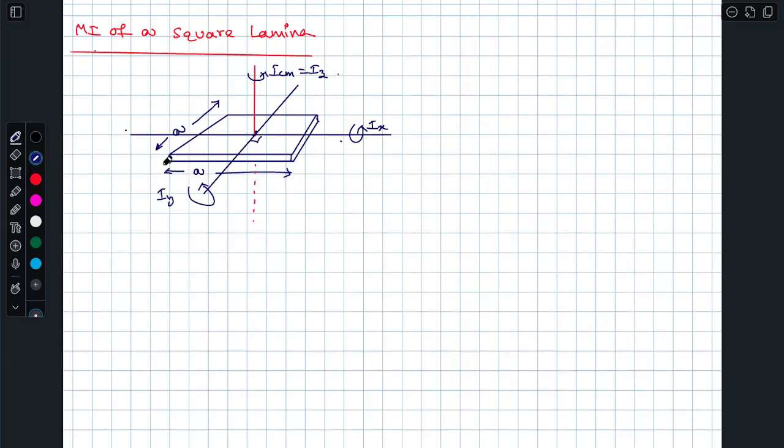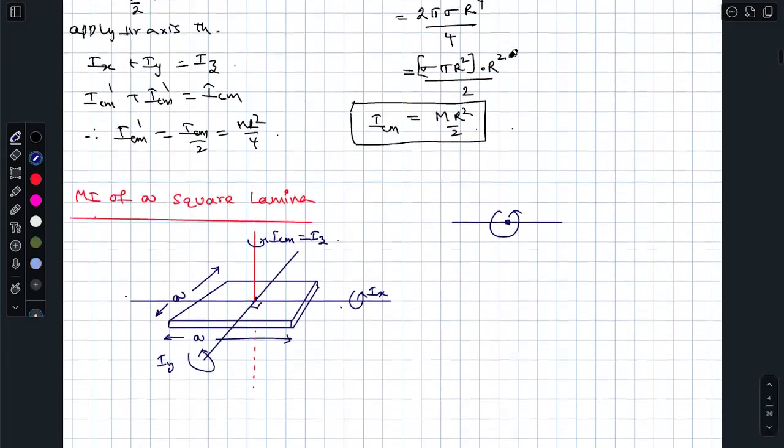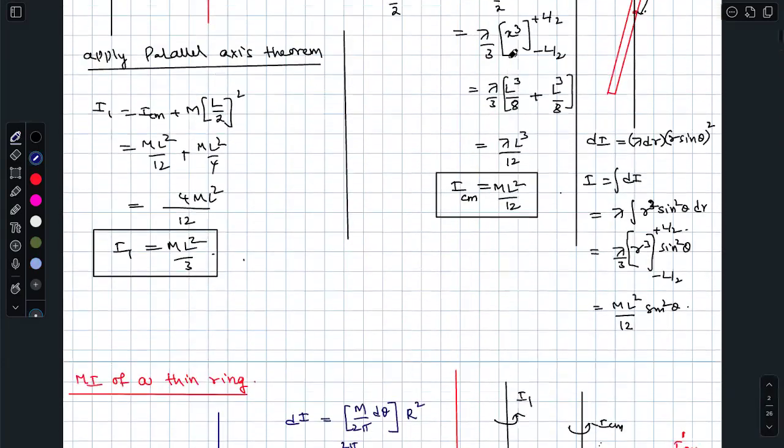See, if I see this from this end, it is like a thin rod. For a thin rod about this axis, what is the formula for moment of inertia? Just now we have derived M L square by 12. This is the one which we have defined.